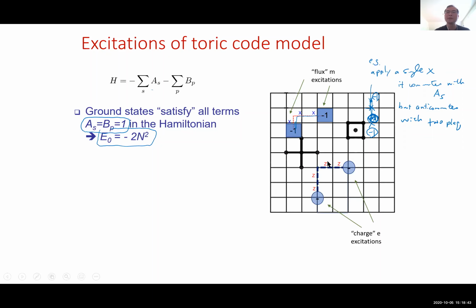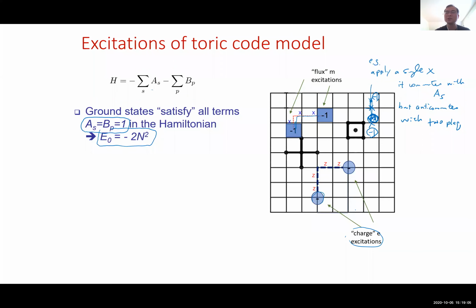Similarly, if you apply Z, it anti-commutes with the star operator, so we create excitation indicated on these vertices, the circle here, and the other end is here. Sometimes we give them a name, we call it charge because it's on the vertex.